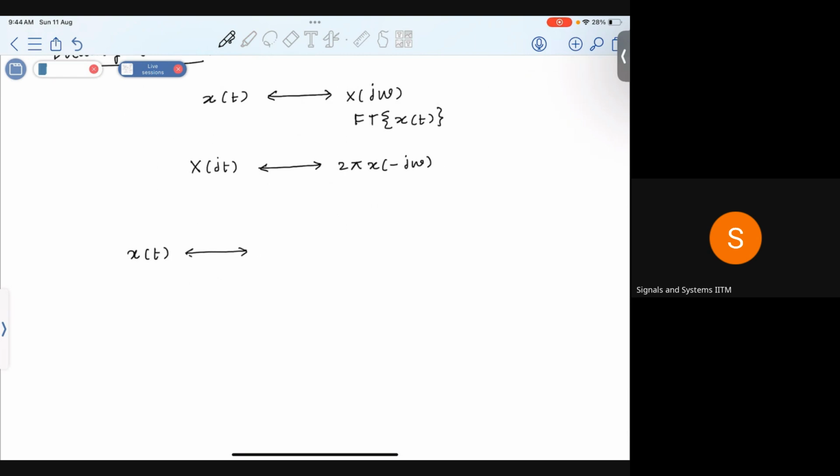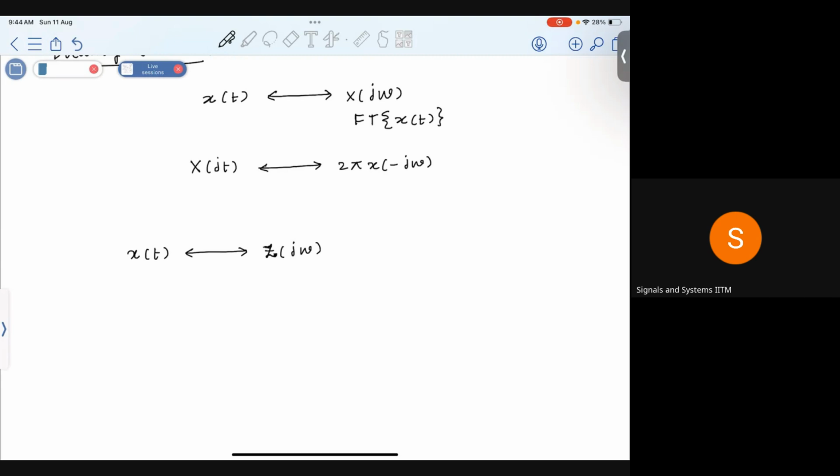has Fourier transform, what shall we call it? Let's call it z. Is that okay? Let x of t have the Fourier representation z of j omega. I mean, x of t in the time axis is represented as z of j omega in the frequency axis.